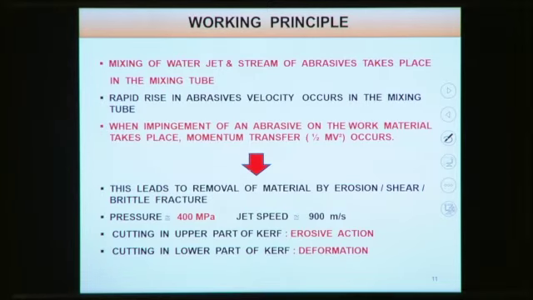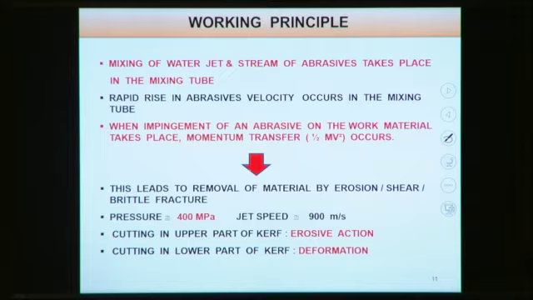From an intensifier, 415 megapascal pressure is generated, and because of this highly pressurized water, when it comes through this nozzle, it gains high velocity. This velocity is around 900 meters per second.